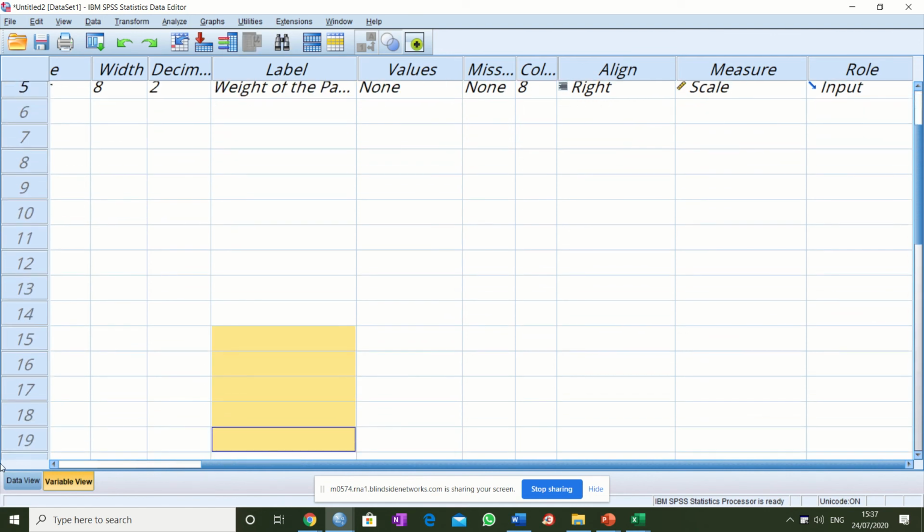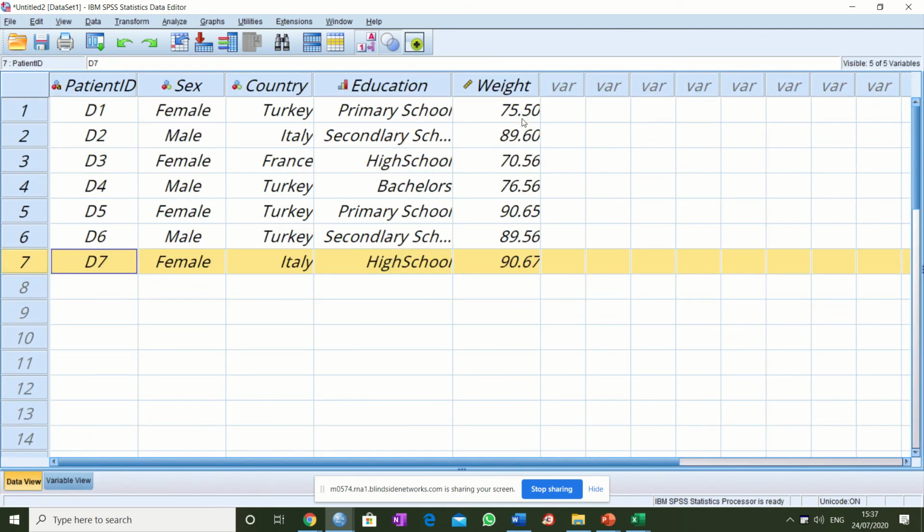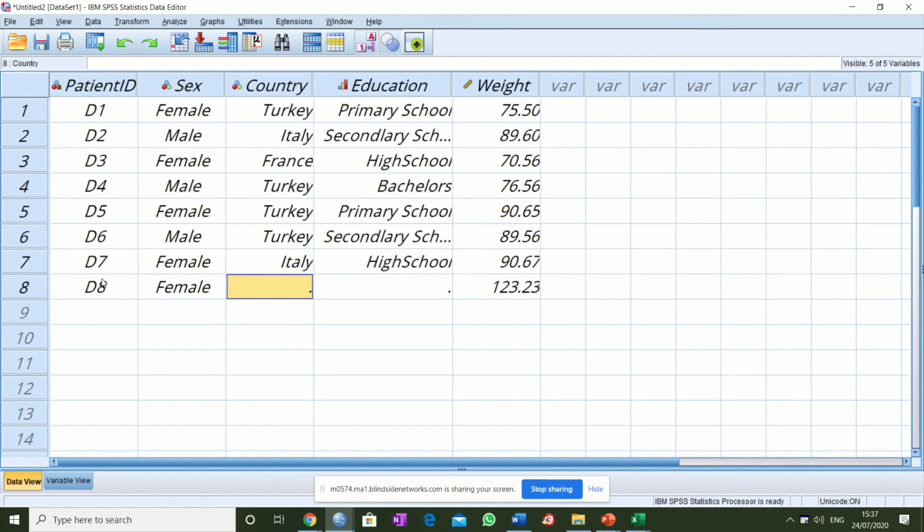Here, I have width 4 and decimal 2. But I may have patients above 100 kilos, let us say. This is the 8, and this is female.